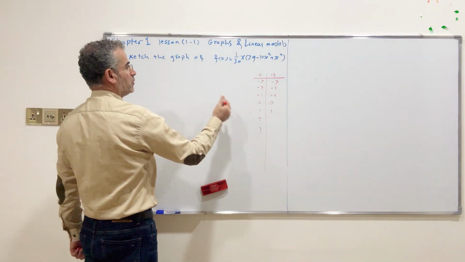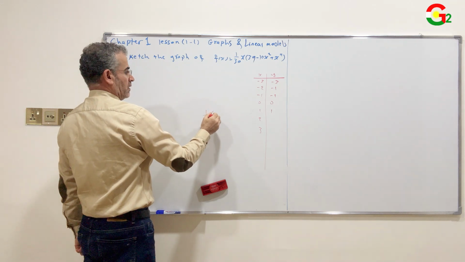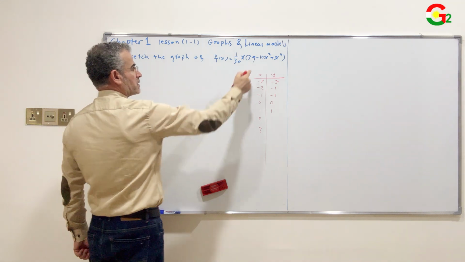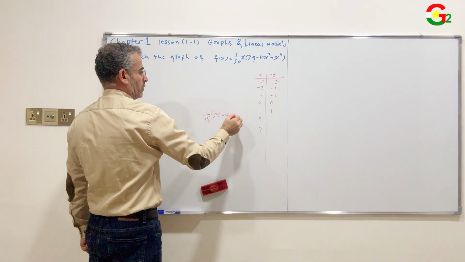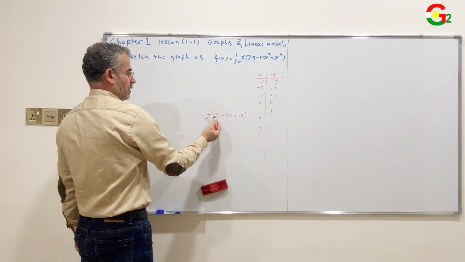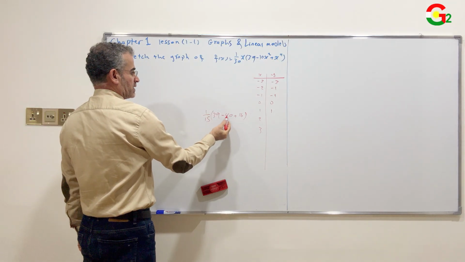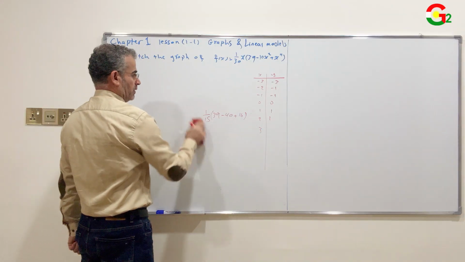When x equals 2, 2 over 30, 1 over 15, 39 minus 10 times 4, 40, plus 2 to the power 4, 16. 39 minus 40, negative 1, plus 16, 15 over 15, 1.